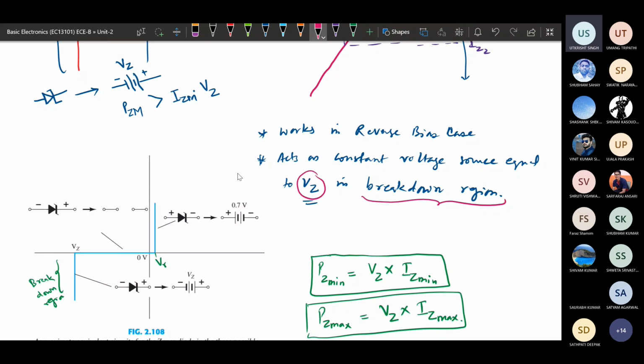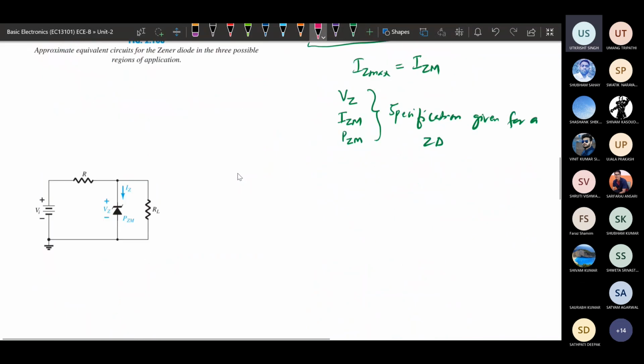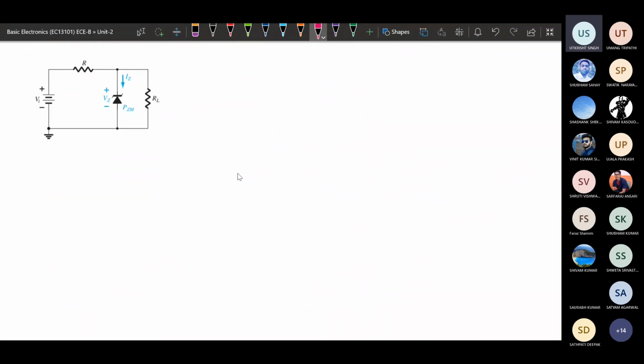If it is away from this breakdown region, it will be like an open circuit, or if it is forward bias, it will behave like a normal diode, the analysis of which we have already seen. Our main motive is to make this Zener diode work in breakdown region. We will see how we can maintain this breakdown condition.